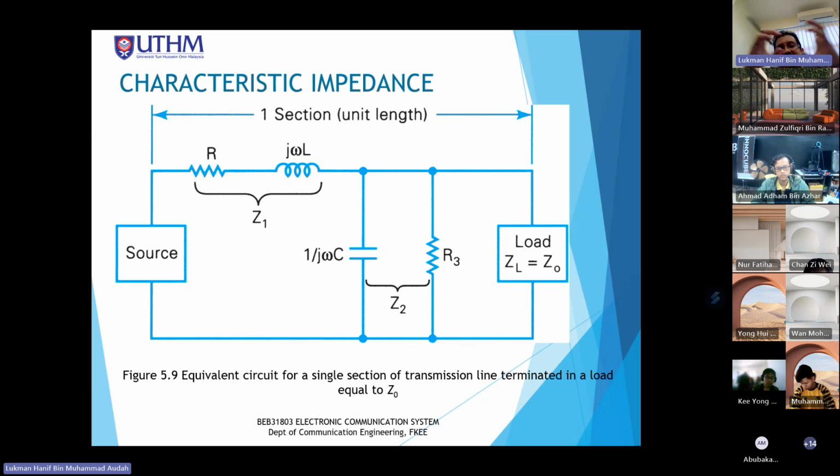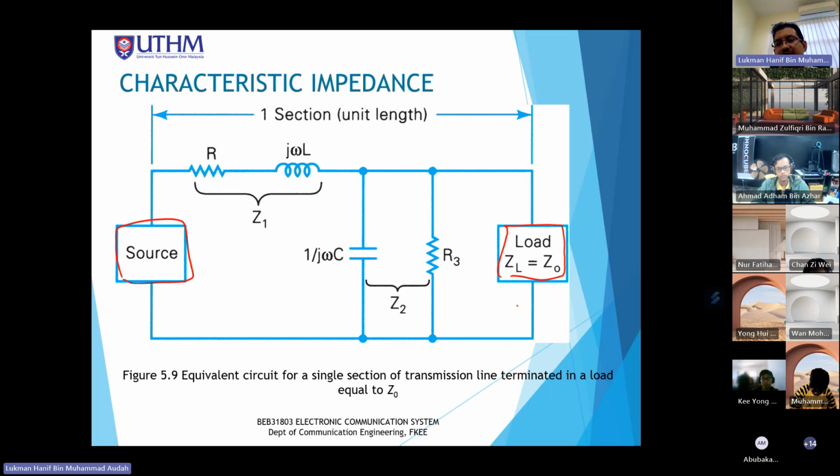And this is a section of the transmission line. If we take one section of the transmission line and we put the source on the left side and the load on the right side, this is just to show you that if you want to make sure of a maximum power transfer from the source to the load, we must make the load equal to the characteristic impedance.